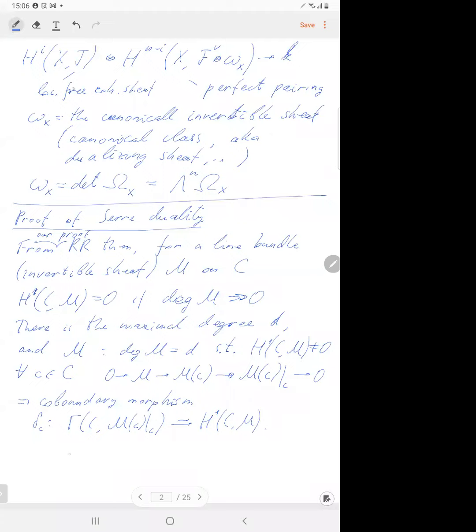You could have the zeroth cohomology of M, then zeroth cohomology of M of C, and then this. But if it is a surjection, then you could take M of C for your sheaf M and continue so on. But it will contradict our assumption that M has the maximal possible degree with non-vanishing first cohomology. Okay.